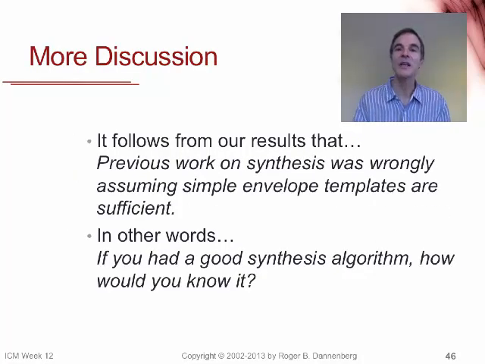And so it follows that previous work on synthesis was wrongly assuming that simple envelope templates are sufficient, because this is traditionally how people studied algorithms. In other words, in the past, if someone had come up with a good synthesis algorithm, how would they even know? They never would have heard the full potential of that synthesis algorithm because they weren't using good control functions.